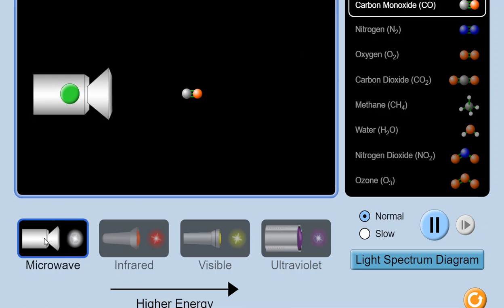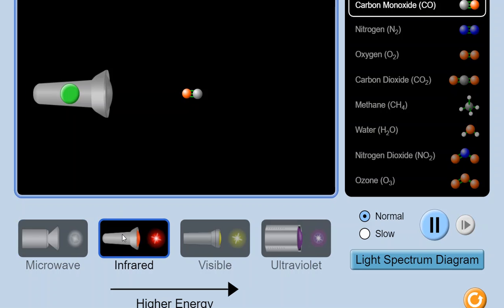But let's see what happens if I hit it with some microwave. Nothing. Oh, no, there it's spinning. See, it's absorbing, and then after it spins, it releases the energy. So the microwave is causing rotations in the carbon monoxide.